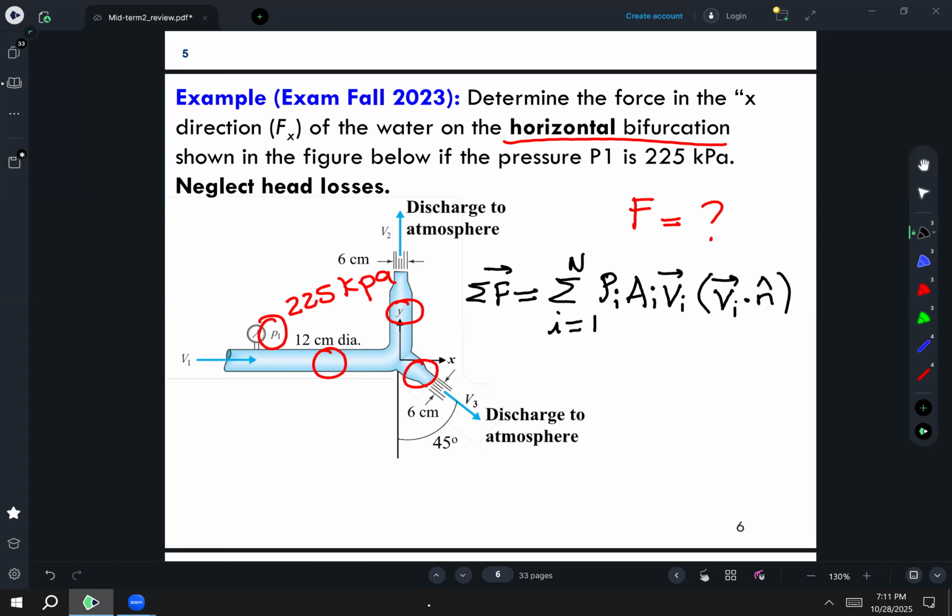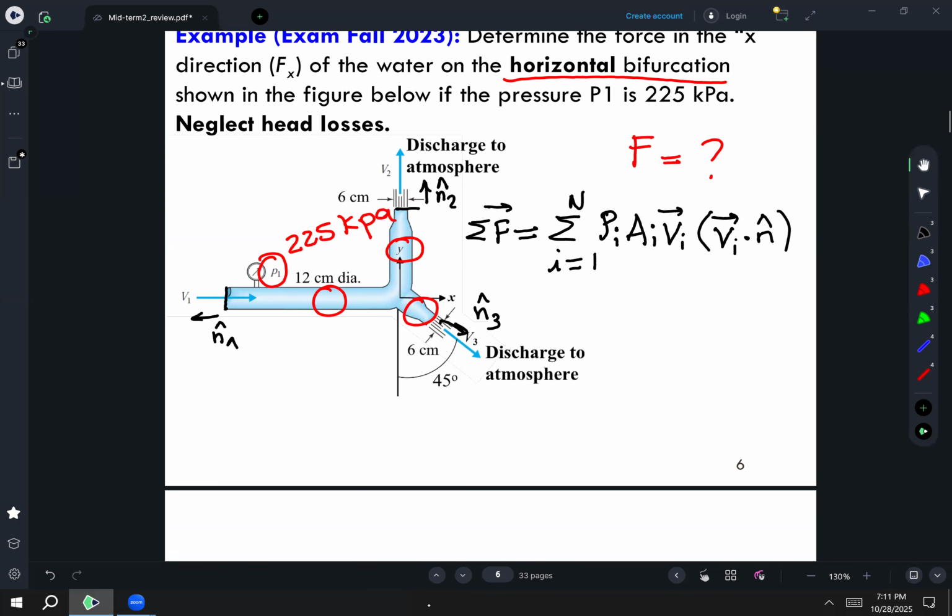We know the unitary vector is always pointing outwards in the control volume. So this is going to be N2, this is going to be N1, and this is going to be N3. Okay. Of course, here our control volume is going to be something like this.